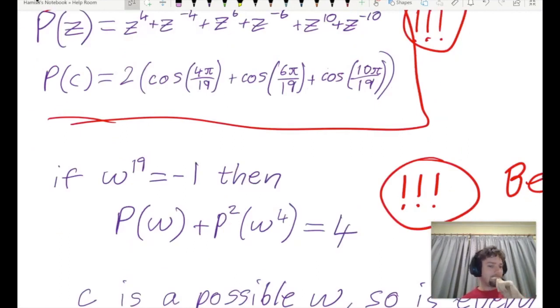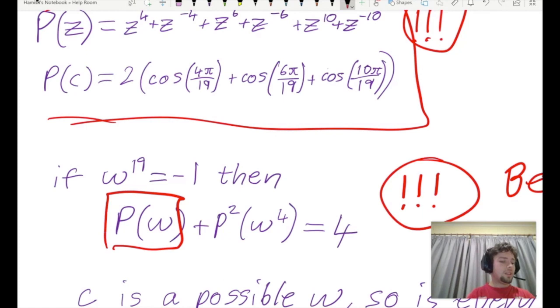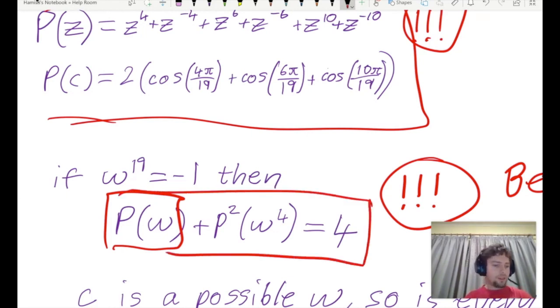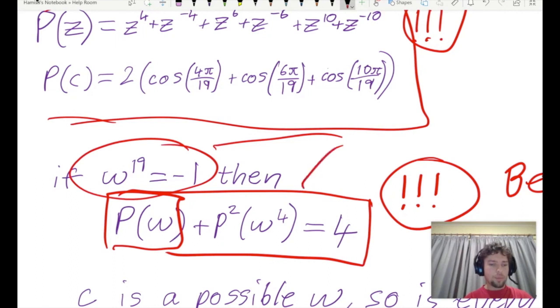So now, what if I proposed to you that the value for c, p of c times p of c squared, omega to the 4, equals 4. This is complicated and requires a bit of math. What I'd recommend doing is taking these two equations and in your own time working through the algebra to prove to yourself that this is true.